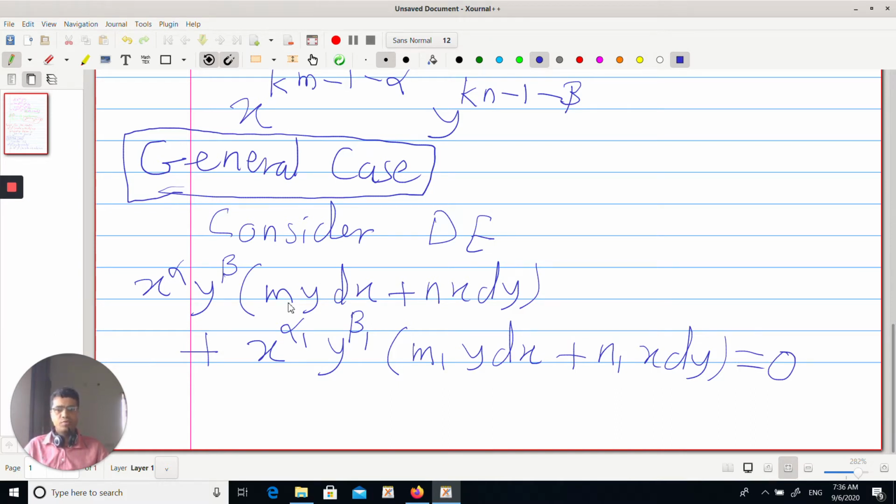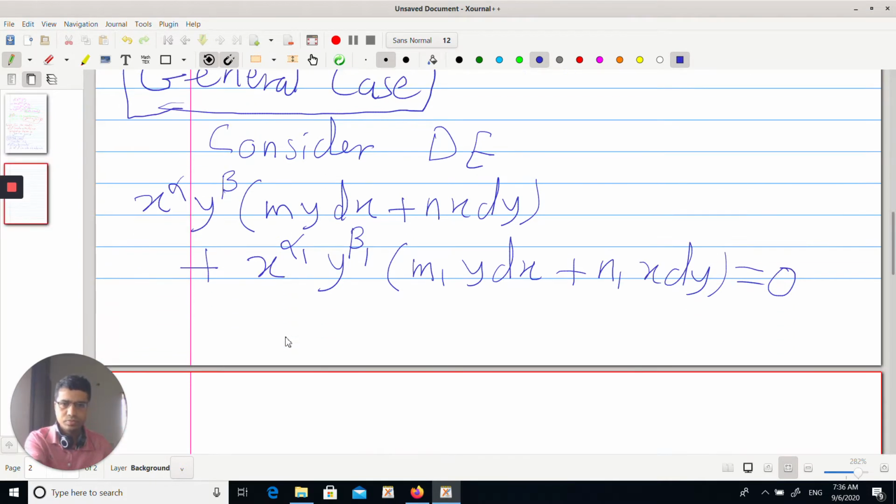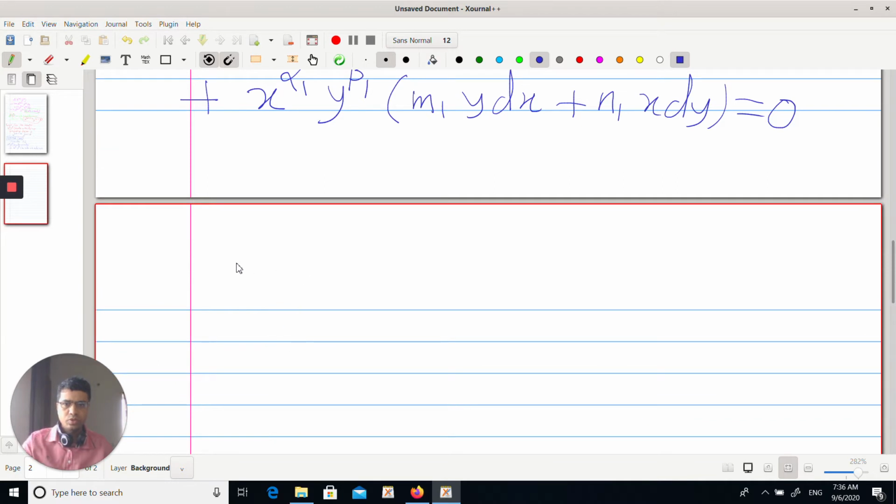So we will have one integrating factor to make the first part an exact differential, and another integrating factor which will make the second part exact. So we have to combine these two and get a single integrating factor.